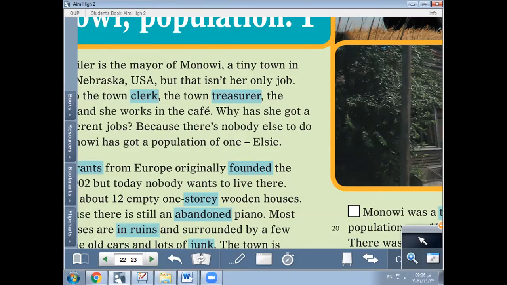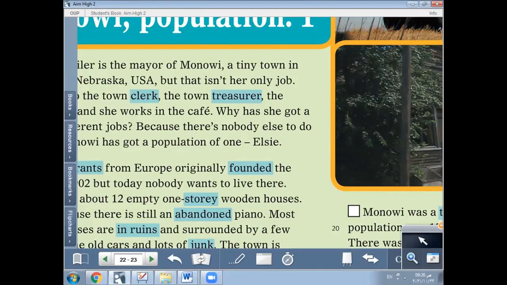Excellent. Another one. People who come to live in a country from another country. Yes, Zaid? Excellent. Immigrants. Good.